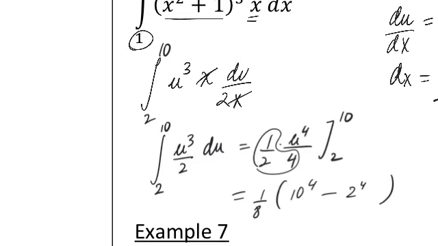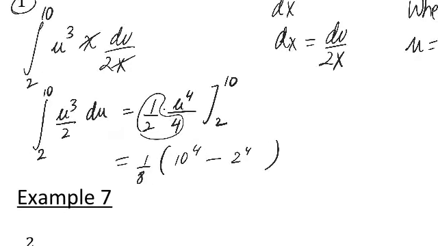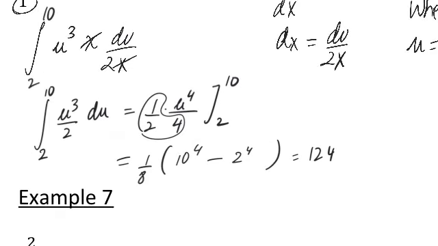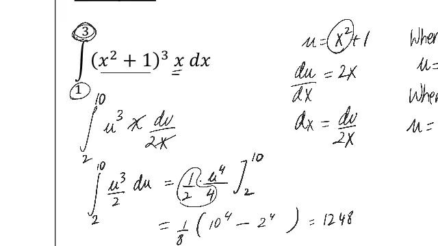You don't have to simplify that without a calculator, but I'll just do it for you. Here it's 1248. And that's the area. Recognize a definite integral is an area. So this is the net area between this graph and the x-axis going from 1 to 3.